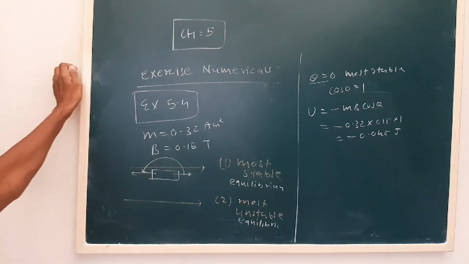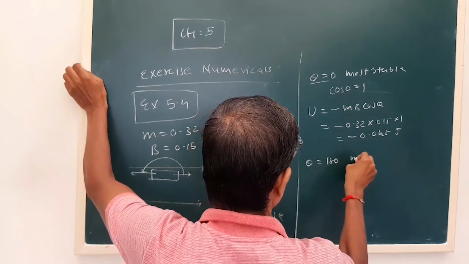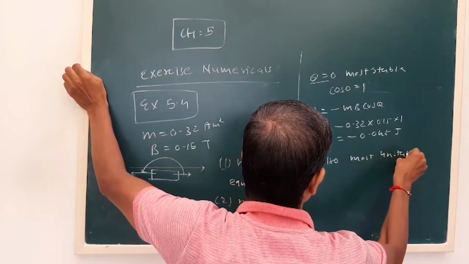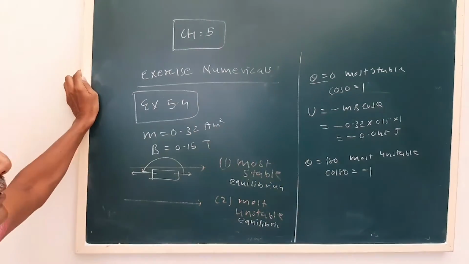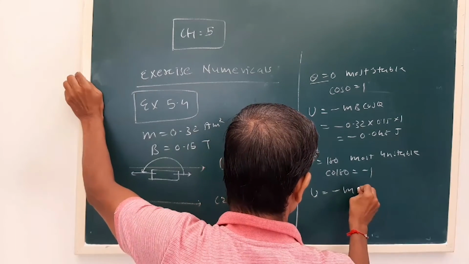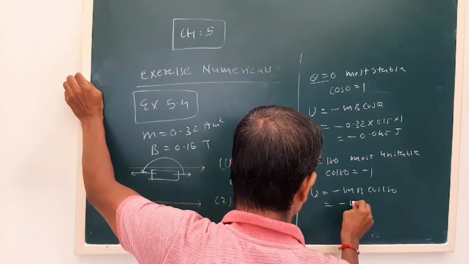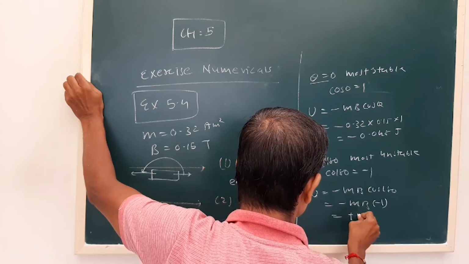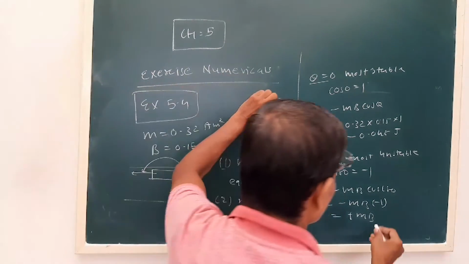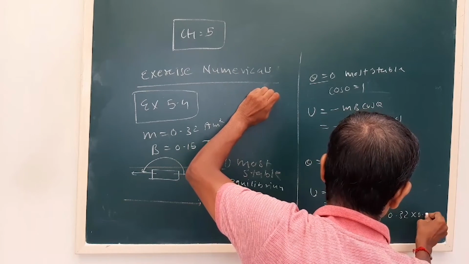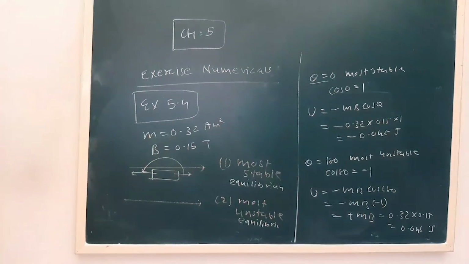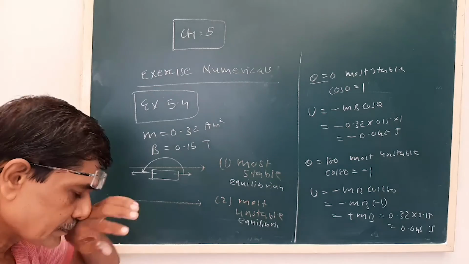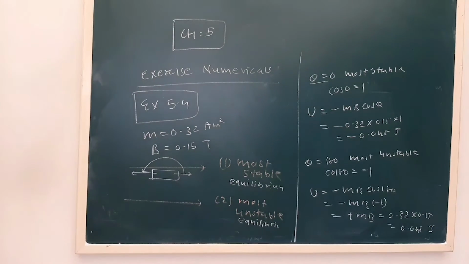Okay, that will be most unstable. Cos 180 is minus 1. So U is equal to, now you got the similar value here. Okay, so that is the value of the potential energy in a most unstable condition. See, this is about exercise number 5.4.